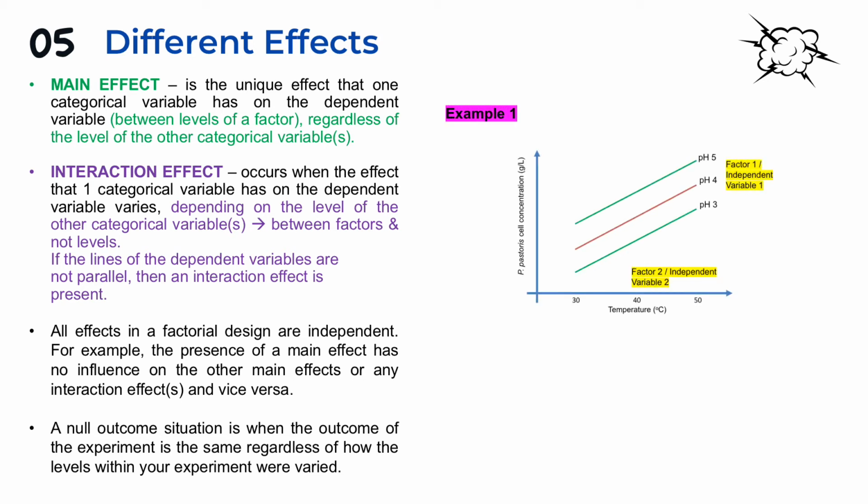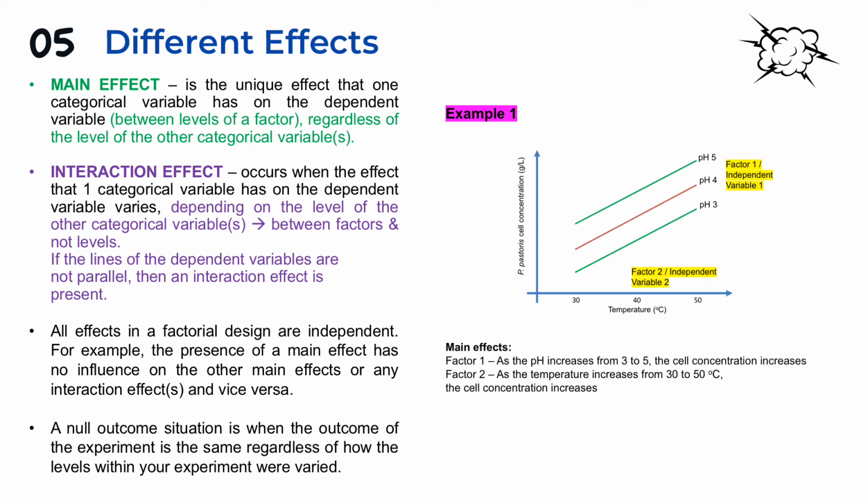Let's have a look at this example. In this example, there are two factors to be manipulated, and we want to measure the response, that is the P. pasteurii cell concentration. So how to describe main effects and how to describe the interaction effects? For the main effects, we have to describe how each of the factors behaves and how it gives a change in the response. Factor 1 is the pH.